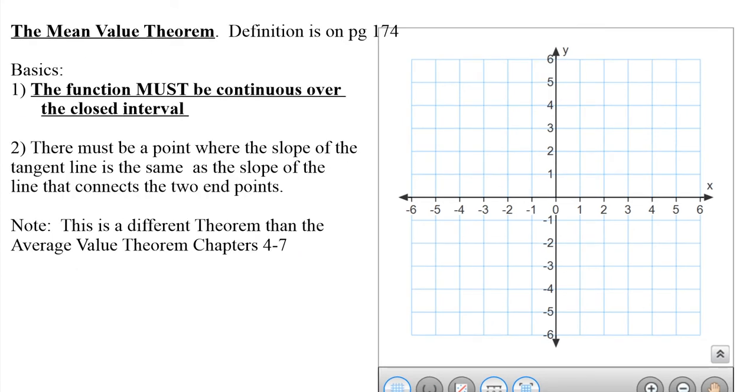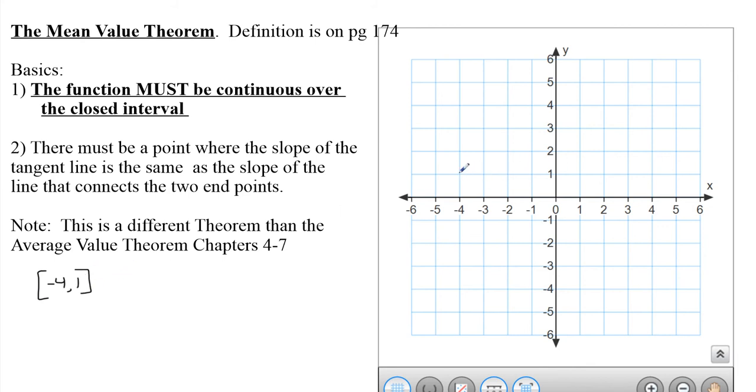Now, the Mean Value Theorem is a more general version of Rolle's Theorem. Again, the function must be continuous over a closed interval. Let's have a different closed interval. Let's say we're going to go from -4 to 1, and we have some function that looks like this.